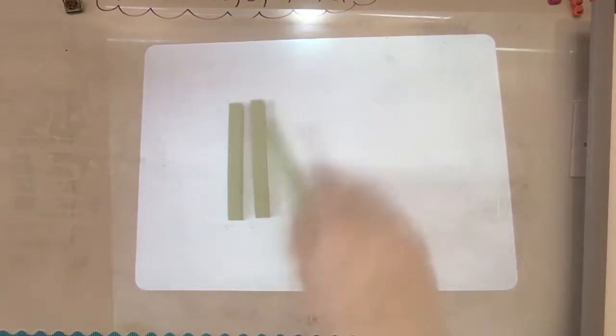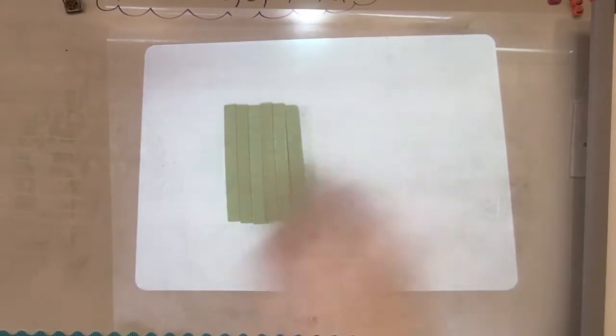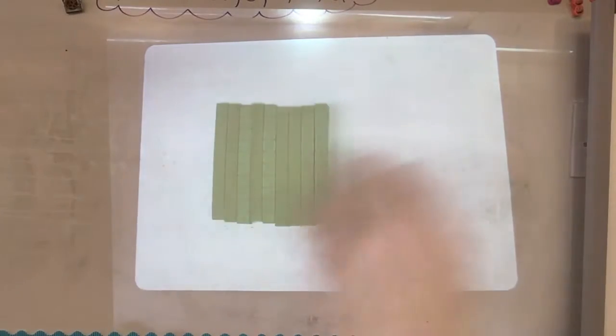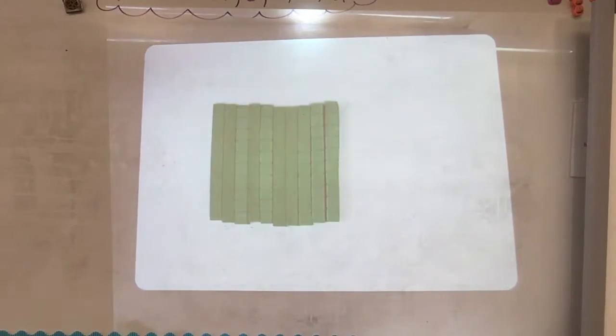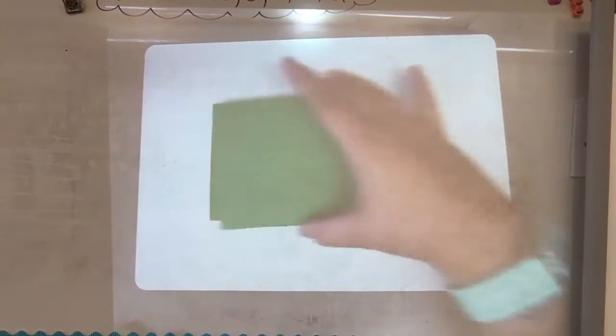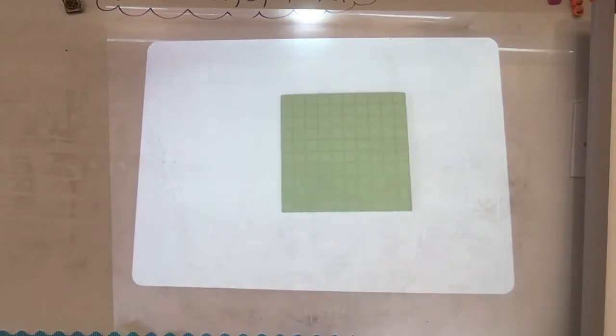Once I get to 10 10s, 40, 50, 60, 70, 80, 90, 100. Once I get to 10 10s, I trade up for 100. It's the same size, it represents the same number, and that is now my 10 10s.